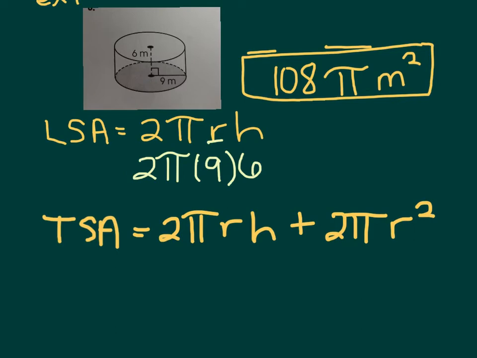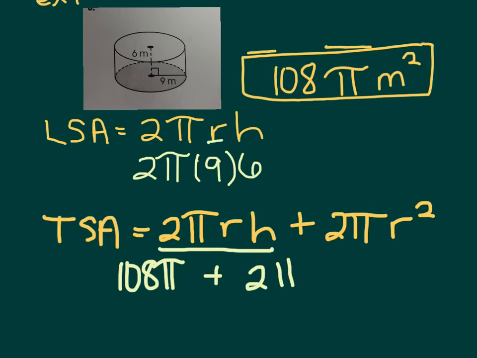Now, like what we did yesterday and the day before, this first part we just solved. We know that part's going to be 108 pi. So we can go ahead and use that. But for the second part right here, we're going to have to plug in our radius. So this will be 2 pi, and the radius is still this 9 right here. So we got 9 squared.